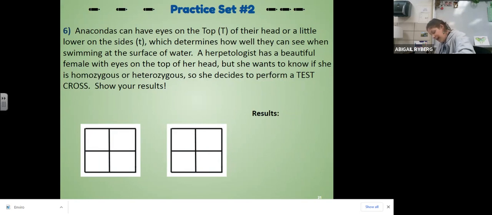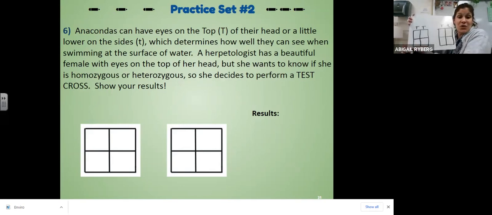So remember, she has the dominant phenotype. So we look at her and she has eyes on the top of her head. So we know she has at least one big T, but we don't know if she's big T, big T or big T, little t.